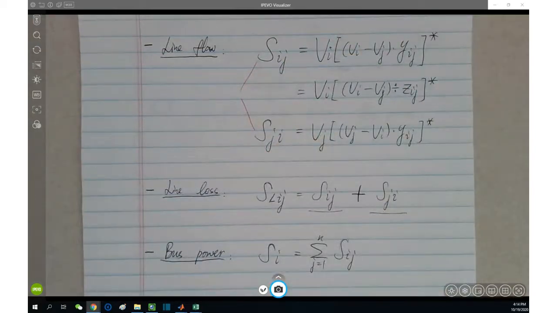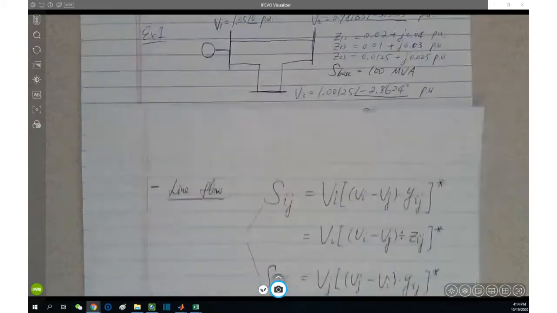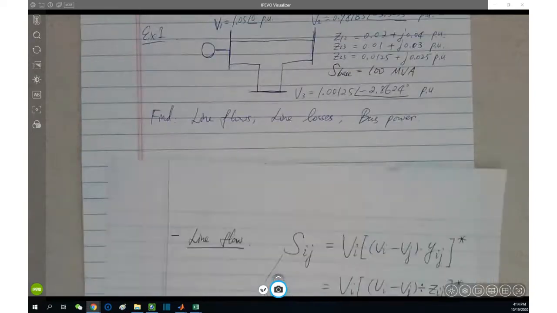So the generalized number, how to summarize it? Line flow, how many? We're trying to generalize, right? Up to 6, for this particular example, yes.